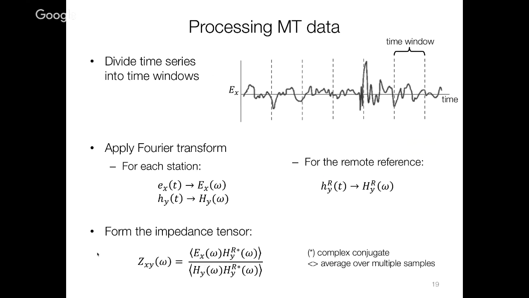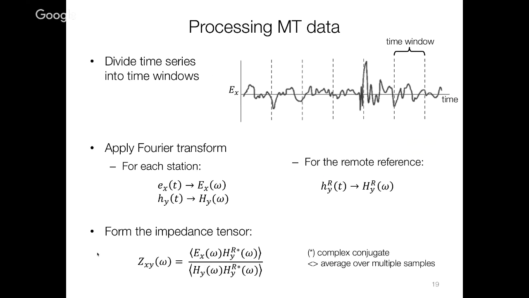And in order to do that, we're just going to do statistical ensemble averaging. So we're going to do many different representations, and then we're going to do a bulk averaging, and use that to get an impedance function.